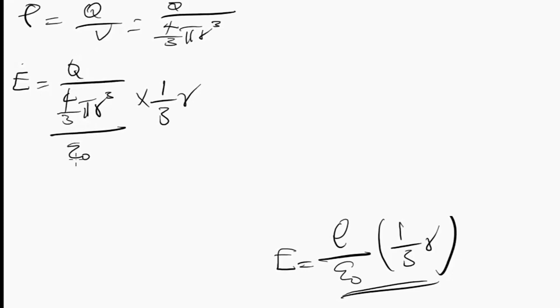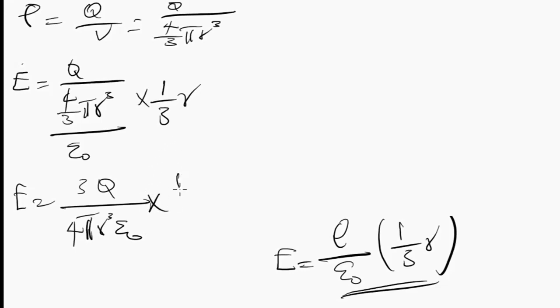Now if I should break this down, I'll have E is Q divided by 4 over 3 pi r cubed. Now the 3 has to go up, and then I'll have 3Q over 4 pi r cubed times E naught, and all these times 1 over 3 r.